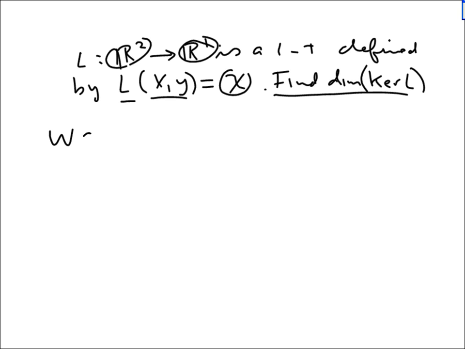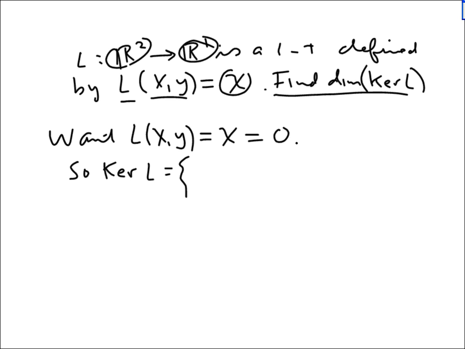Well, we want L of (x, y), which is x, to be the 0 vector in R1, which is just 0. That is, we want x to be 0. So the kernel of L is the set of all (0, y), because I was saying it was (x, y), but we learned x is 0, such that y is a real number.